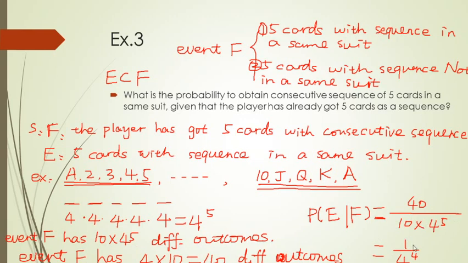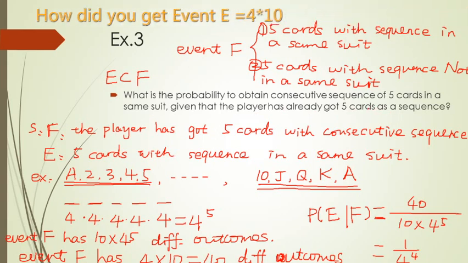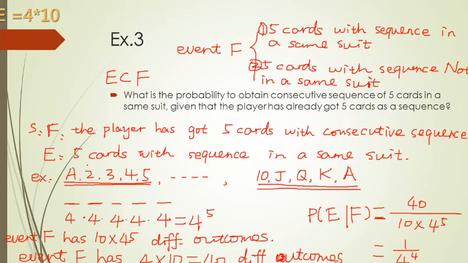So again, it's important to denote what the conditional probability is. Event F is given, meaning event F occurs: the player has already gotten 5 cards as a sequence. And the question: how did you get event E? 4 times 10. 5 cards with the sequence in the same suit.